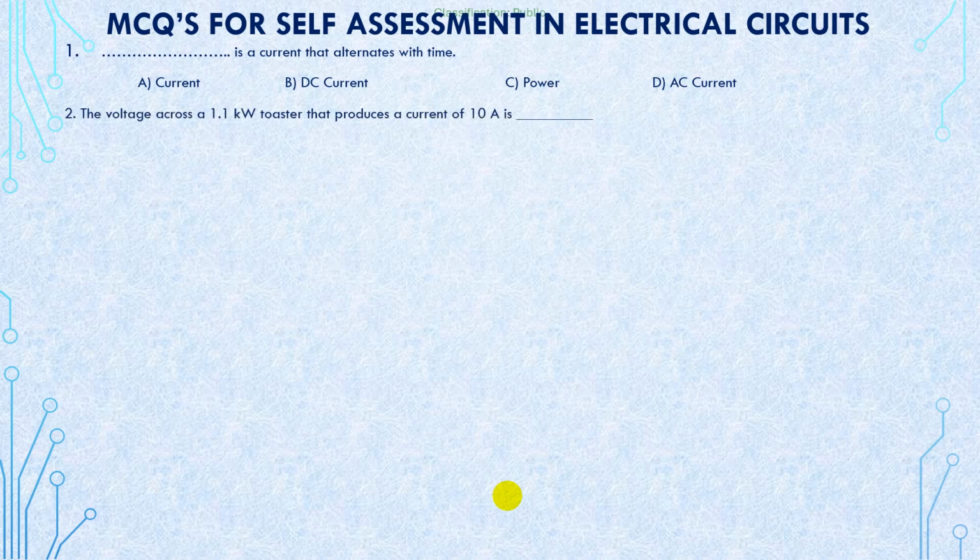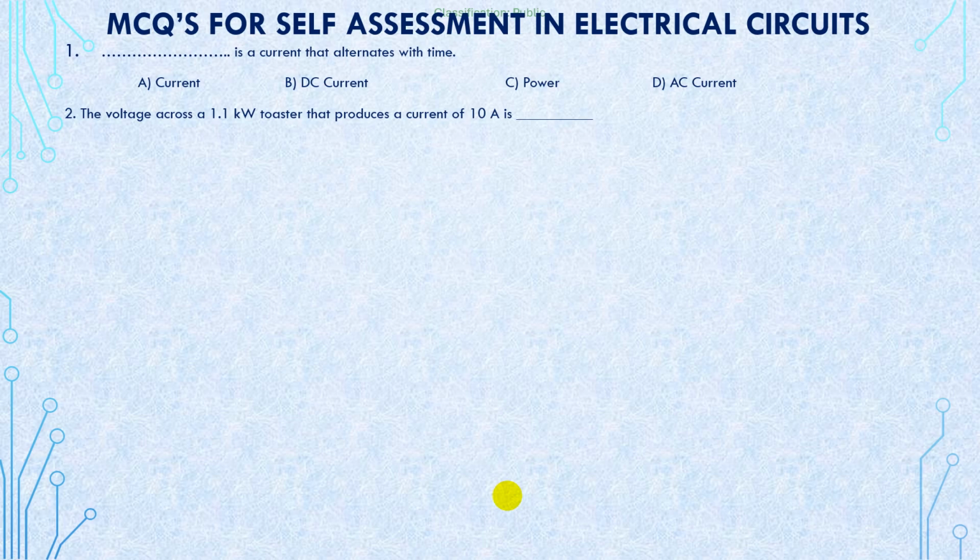What is the voltage across a 1.1 kilowatt toaster? Toaster means the bread toaster, some device. The toaster produces a current of 10 amperes. So what is the voltage? Power equation: P is equal to V times I, right?